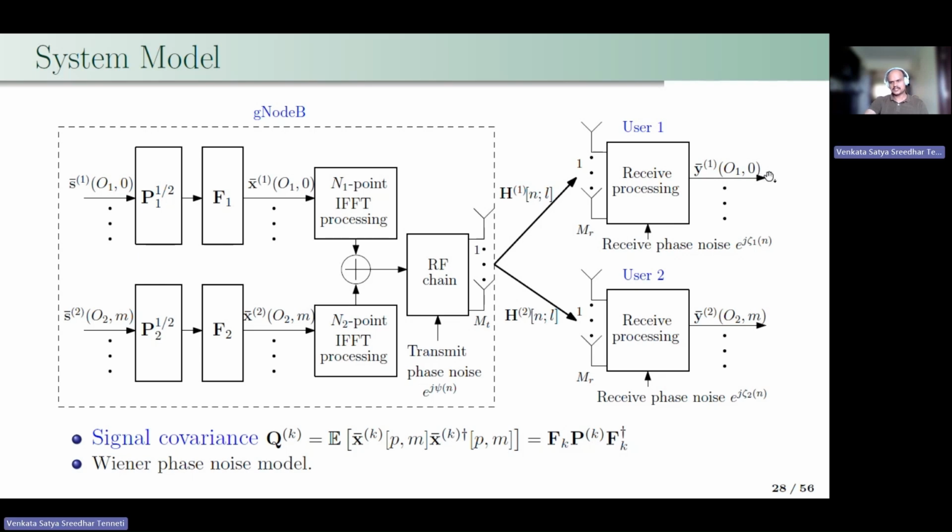Now these INI and ICI components are vectors instead of scalars as in the SISO case. So we have to compute the covariances of these INI and ICI vectors at each subcarrier and for both the users. Here we are using the Wiener phase noise model as opposed to the filtered Gaussian process model for the SISO case.